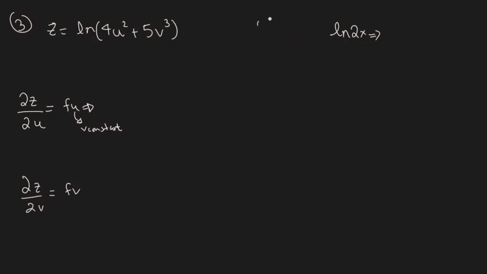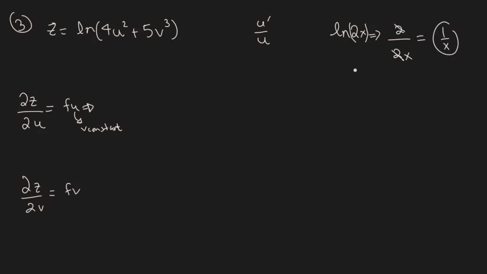To find the derivative of ln of something, you always have to do u prime over u, and this u is the inside function inside the ln. In here we have 2x, so u is our 2x, so you write at the bottom 2x, and what's the derivative of 2x? It's simply 2.